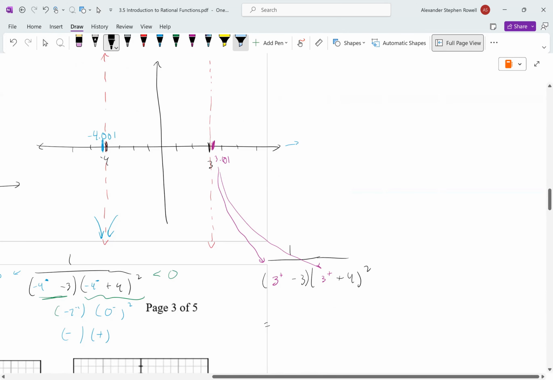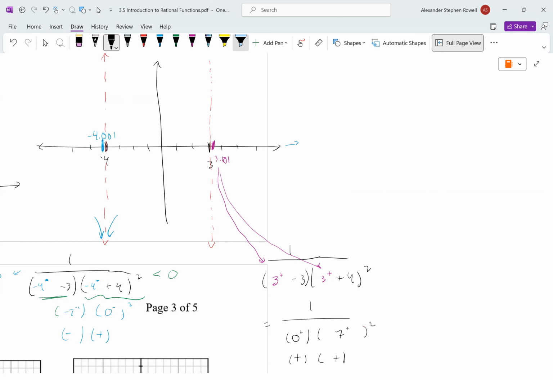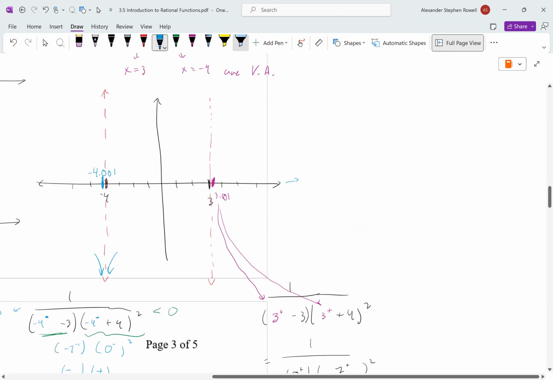What does that simplify to? What's something slightly larger than 3 minus 3? Slightly larger than 0. Yes, a positive number. Very good. Times something slightly larger than 3 plus 4 is something slightly larger than 7. But it's positive. So my answer is positive infinity.